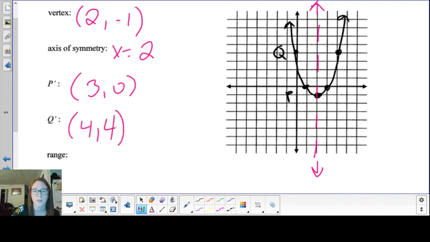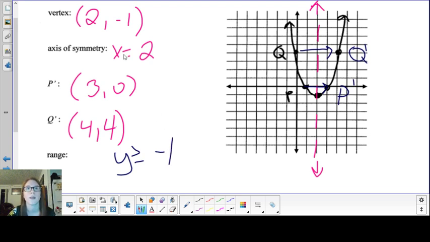So all I'm doing is saying that if Q's over here, Q prime has to be here. If P's over here, P prime has to be over here in that spot. Again, we're opening up, so my y's are going to get bigger, and they're going to be bigger than that -1. Again, this guy is always going to be equal to this.